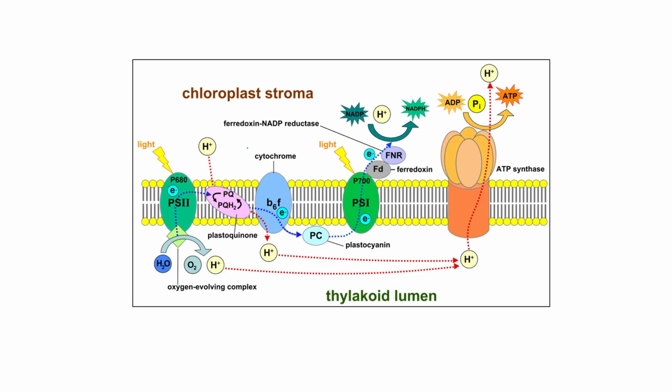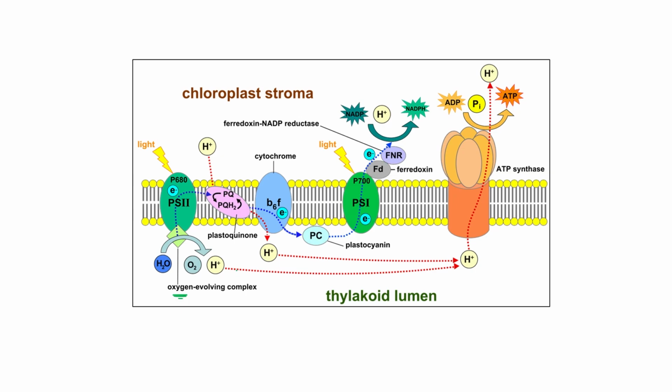Okay, so already we have seen this picture just a few slides before, where in PS2 splitting of water occurs and oxygen is evolved, and these are the protons, and electrons are passed along this blue dotted arrow showing the movement of electrons.